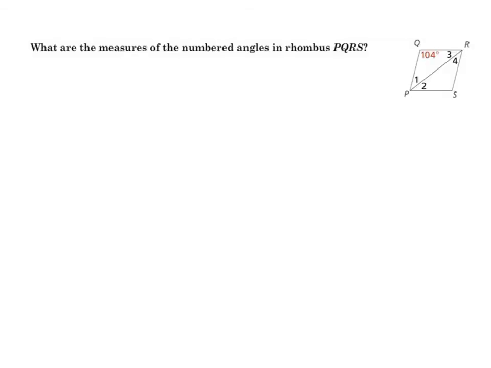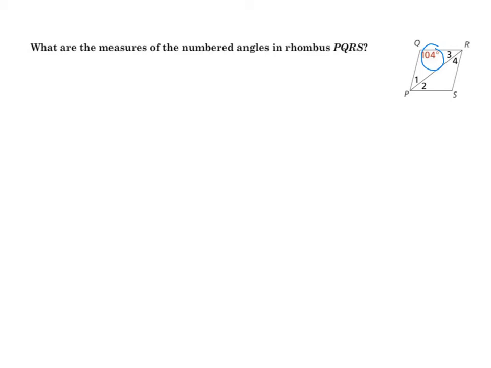Okay, our next one, what are the measures of the numbered angles in the rhombus PQRS? Same kind of concept here, except that this time we know this angle, and it doesn't really have a relationship with 3 and 1, except we do know, however, that 3 and 1 are the same thing. So you have multiple options here.